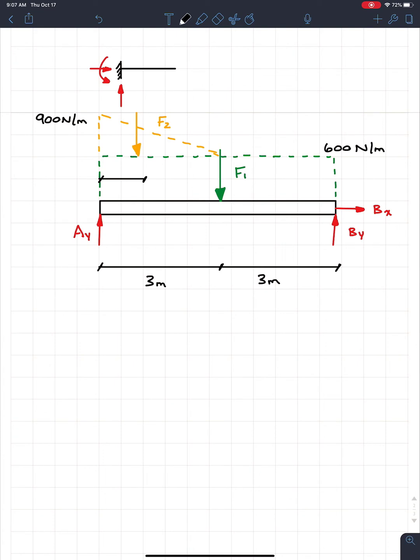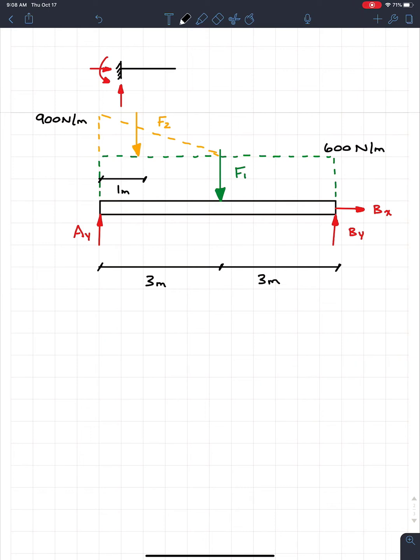So if I'm measuring from A, we know it's going to be 1/3 times 3, which is just going to be 1 meter. So it's one of those things that, in my opinion, you guys know how to solve where the force is. You don't really have to show any math to do it. You can just label it on the diagram like I did, because you guys are smart. We know that you guys know exactly what you're doing.